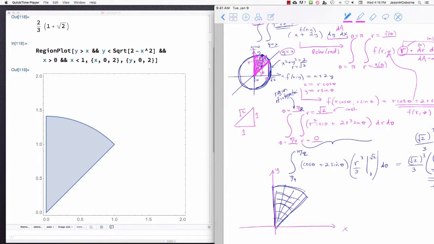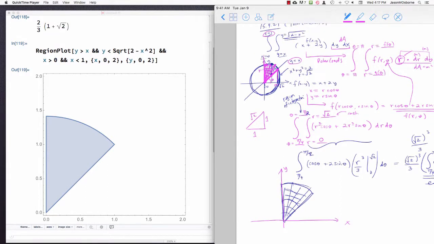The reason we find this advantageous is because, well, I'm not sure why, for dy dx, it seems like a pretty straightforward integral to set up, going from y equals 0 up to the circle.